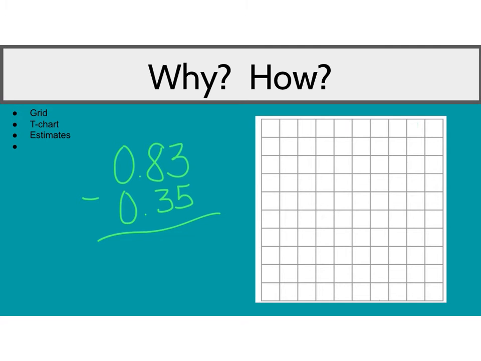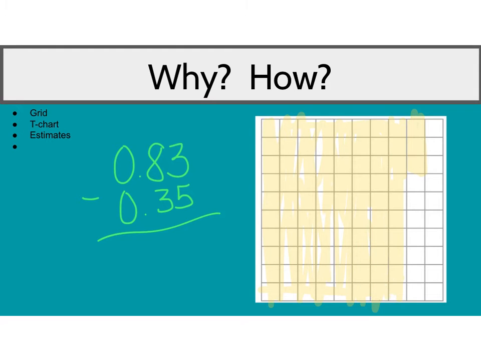So let's say that we have the problem 0 and 83 hundredths minus 0 and 35 hundredths. So we could use our grid, and how would we do that? We would shade in 83 hundredths. So we're going to shade all the way over here, all of this. This is going to be 83 hundredths.